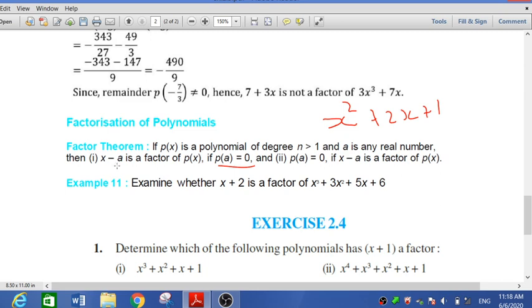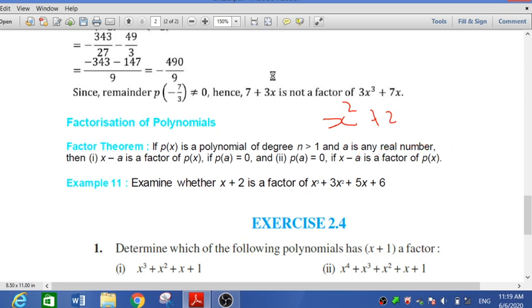If I put x minus 1 equal to 0, therefore x is equal to 1, I have to put 1 and we should get answer 0. But here 1 plus 2 plus 1 is not equal to 0. So we cannot say that x minus 1 is a factor.